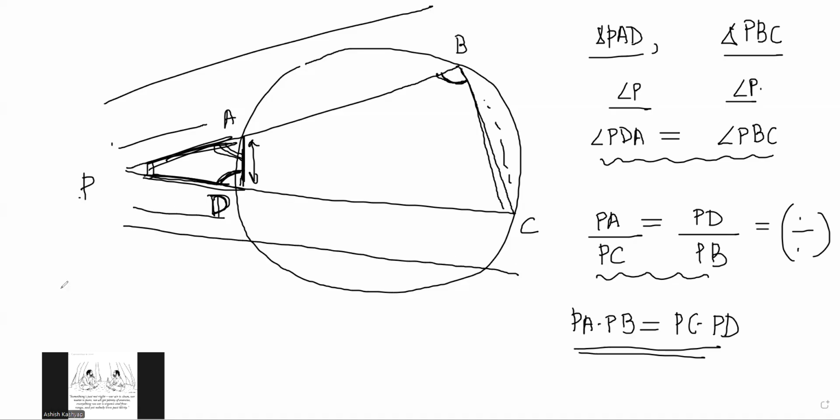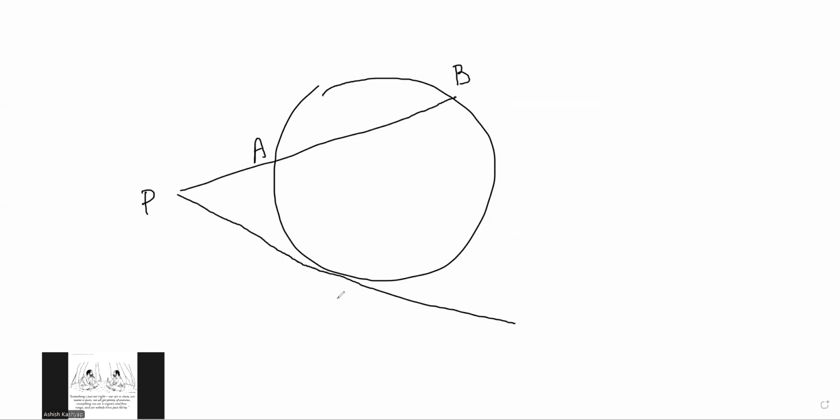And this rule can be extended even to situations where there is one secant and one tangent. So let's say this is a secant, whereas this is a tangent. Technically you should imagine that there was a secant like this, with C1 and C2, but you kept turning the secant, and C1 and C2 are coming closer to each other.